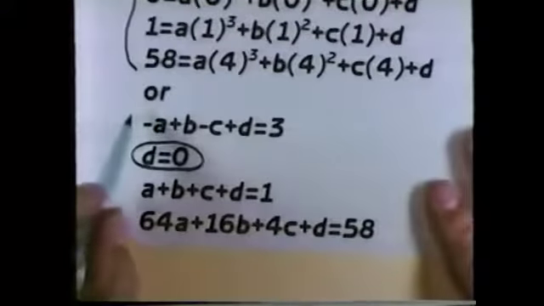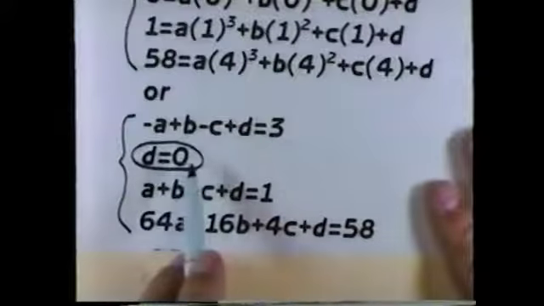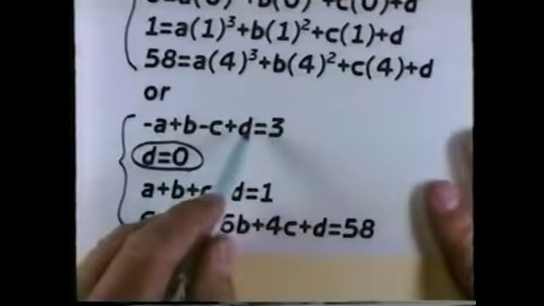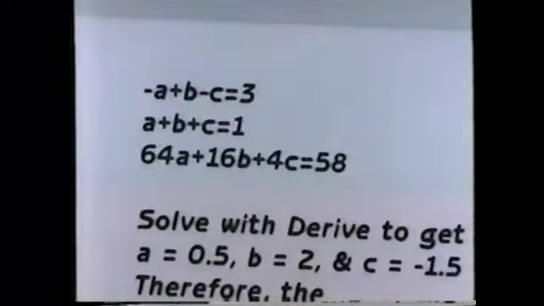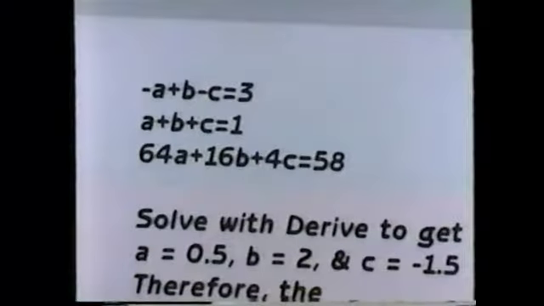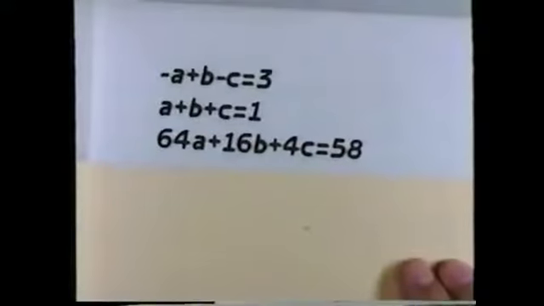If I look at the other three, I'm left with a system having 3 equations with 3 unknowns, because now we know d is 0. Since d is 0, I can simply mark it off from each of them to get the 3 by 3 system.